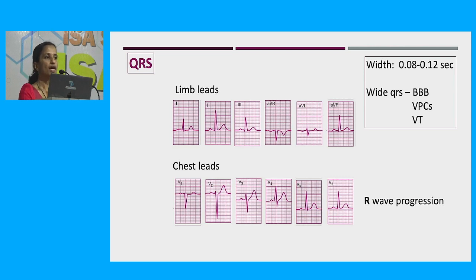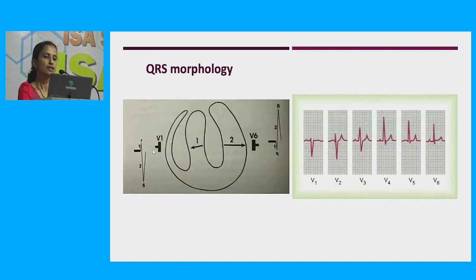And the normal R wave progression in the chest leads, you have to understand how the R wave progresses from V1 to V6. Why this QRS is very different in the chest leads is, as the impulse passes through the bundle of His, it passes to the left side and the right side.